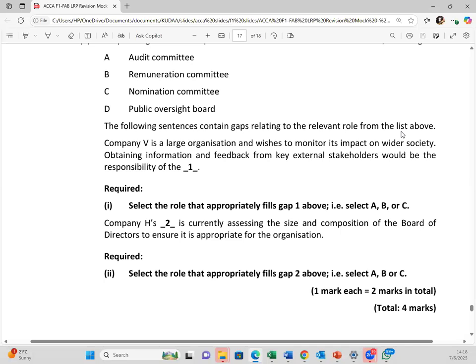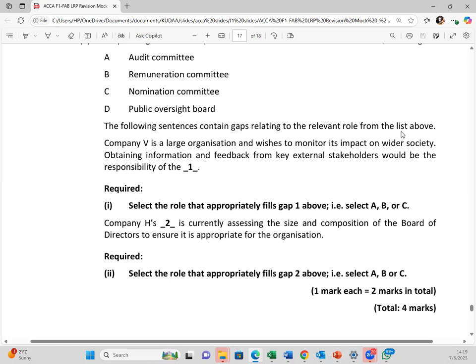That is the public oversight, because we want to make sure the public is happy regarding our activities. So that should be the public oversight board.